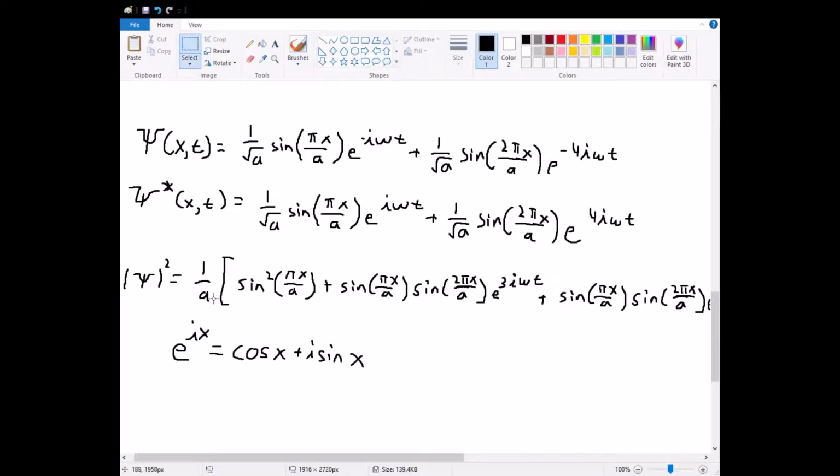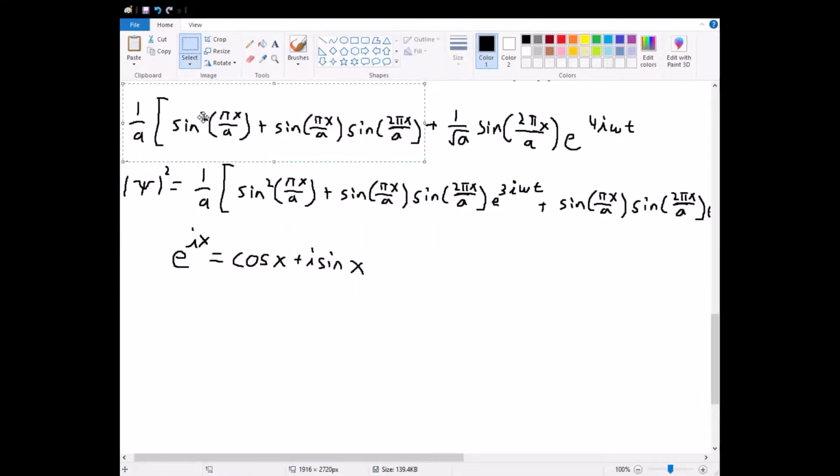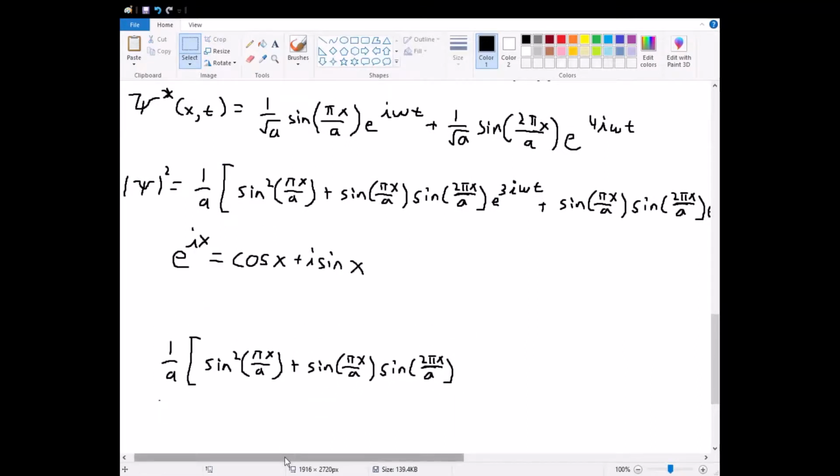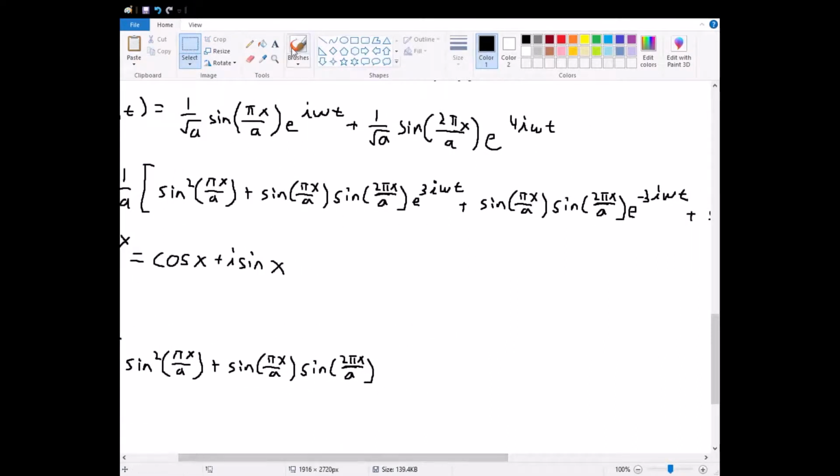So if we do that, then what we're going to get is the same thing as before, but we're going to distribute out some things first. So we have 1 over a times all of this, and note that we share these front terms, sine of pi x over a times sine of 2 pi x over a, and we're going to multiply that by e to the 3i omega t plus e to the negative 3i omega t.